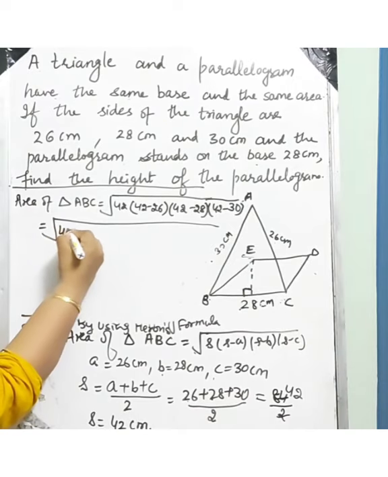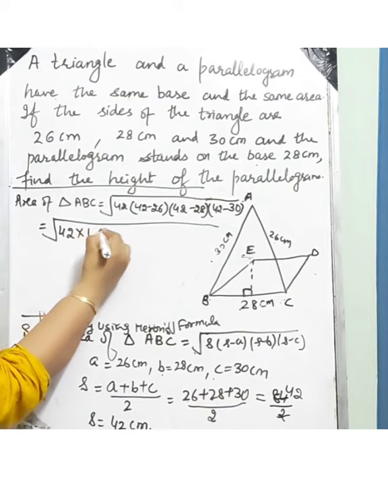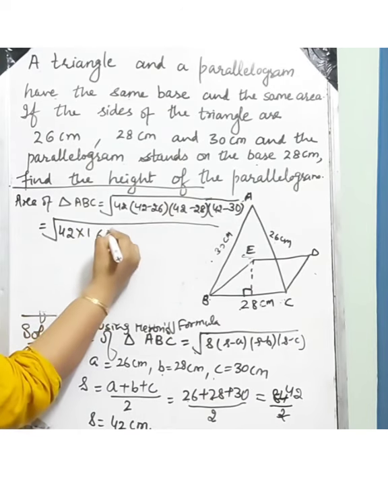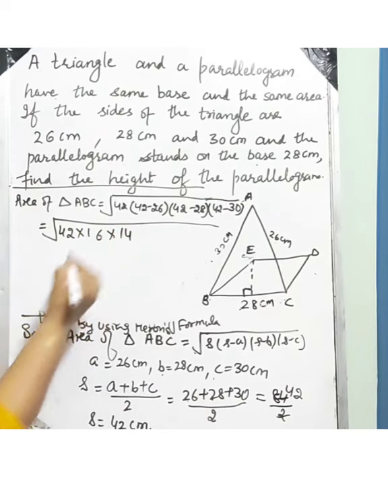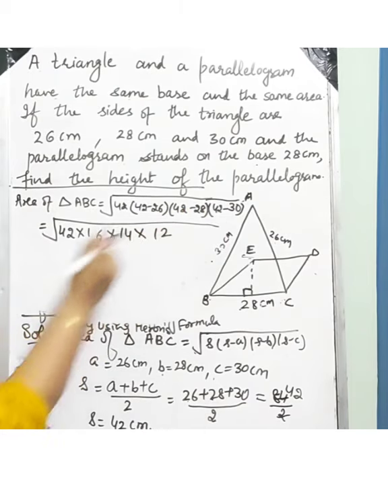Now next step, under root 42, 42 minus 26 is equal to 16. 42 minus 28 is equal to 14. 42 minus 30 is equal to 12.